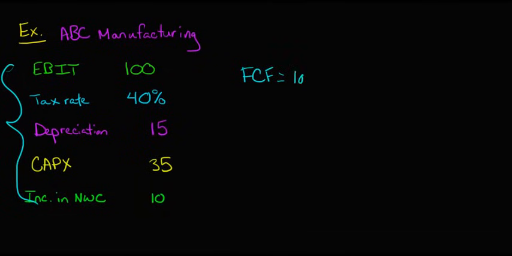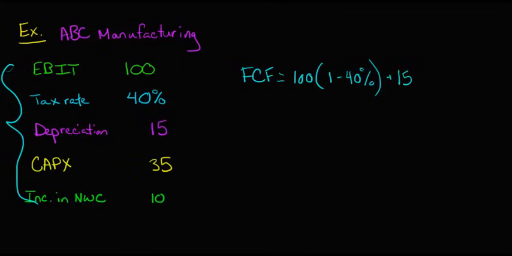So what we're going to have is 100, our earnings before interest and taxes, times 1 minus the tax rate, and the tax rate is 40%, so times that. Then we're going to add back depreciation because it's a non-cash expense, so we add 15.